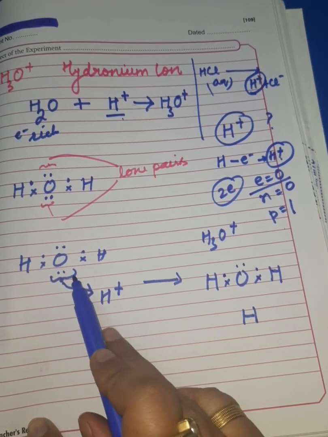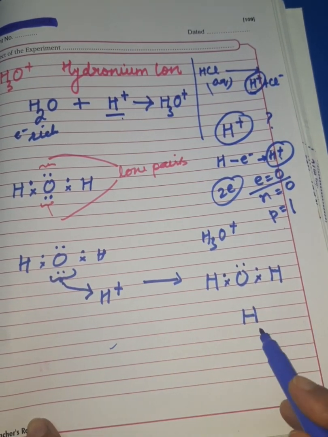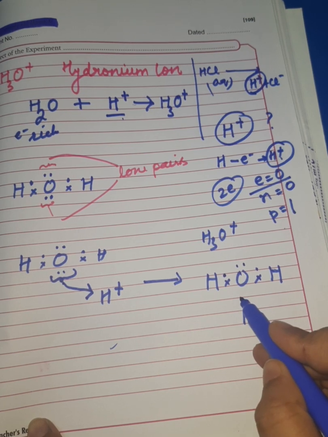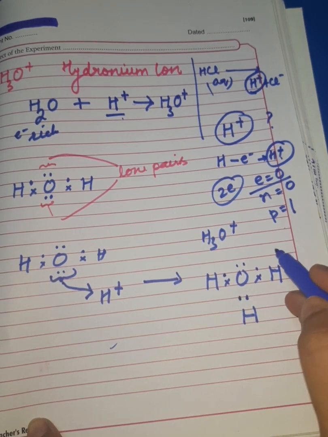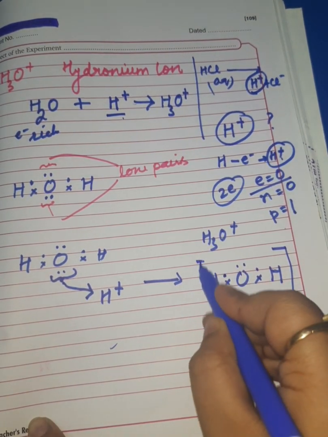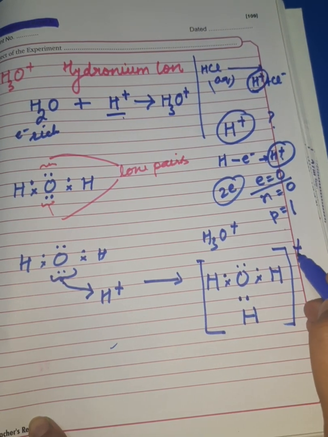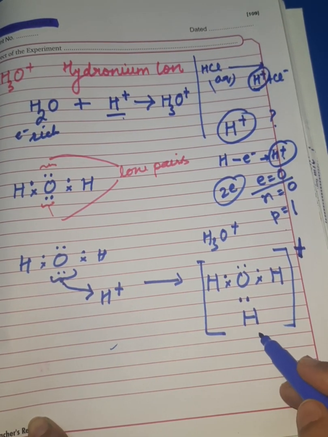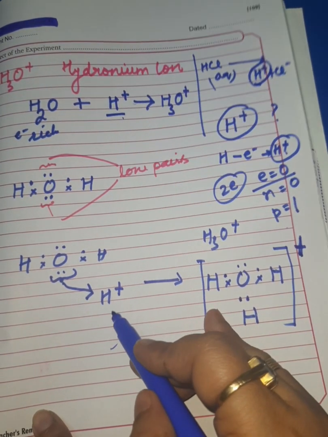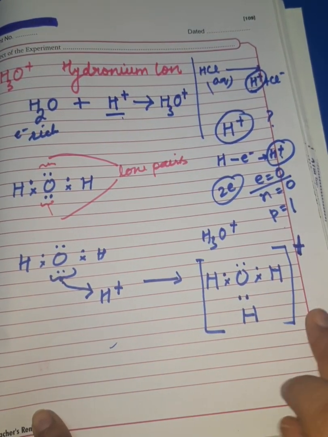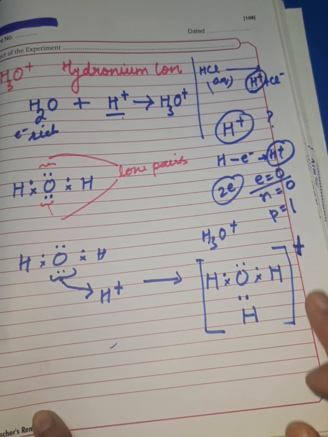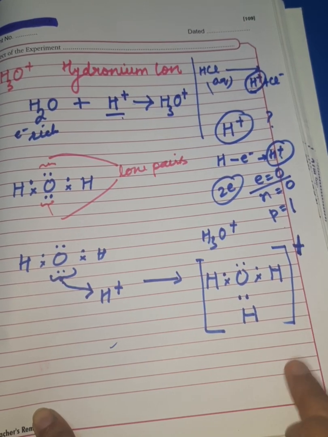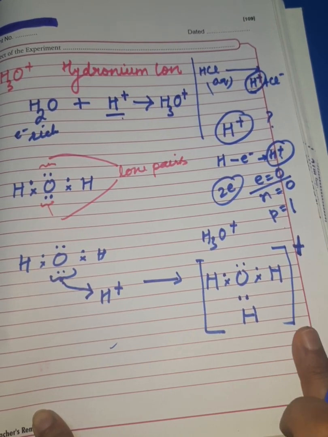And since water has shared this electron pair with the H plus, this electron pair comes at the center. And there is an overall positive charge. This positive charge indicates that one of the hydrogens is in the form of H plus. This way hydronium ion is formed, and this is the electron dot structure of hydronium ion.